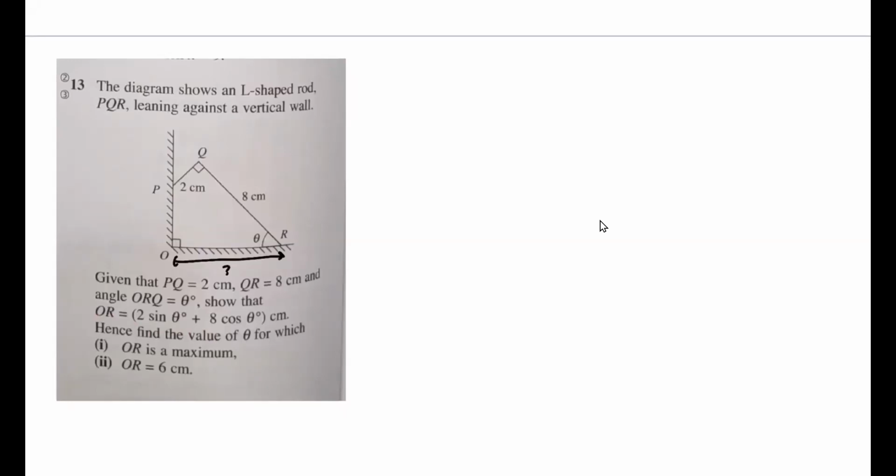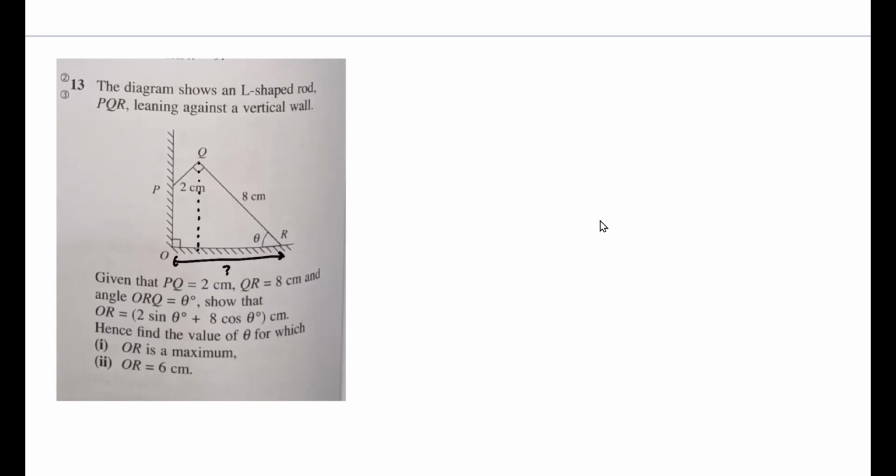Do we know anything about the length here? Maybe that's not a good way to hint. Let's start off by considering a bunch of dotted lines. Specifically, I can consider this dotted line here. Can you see that dotted line?